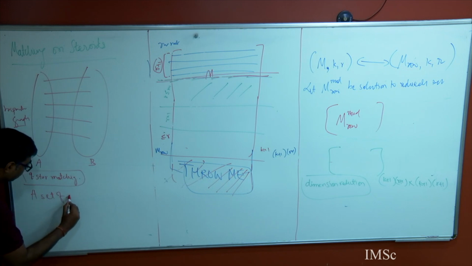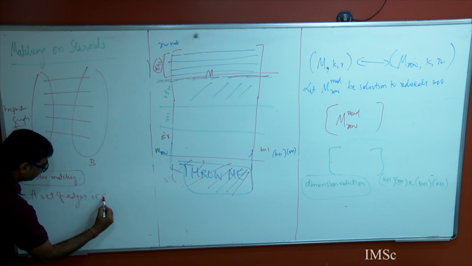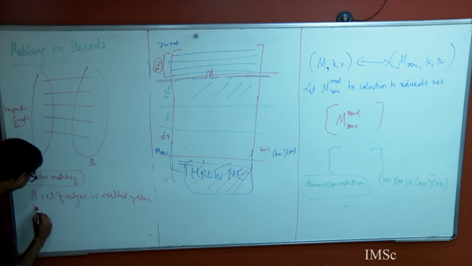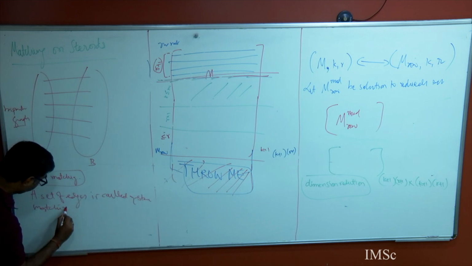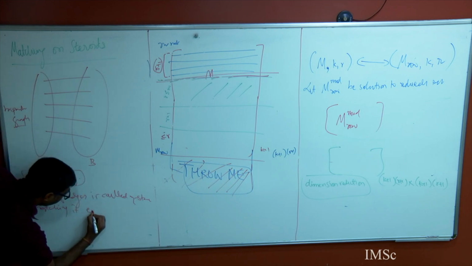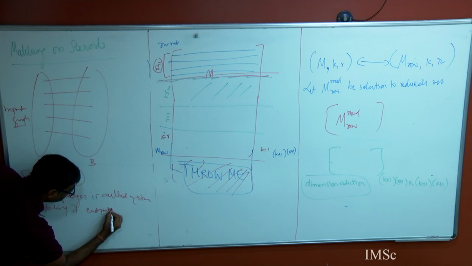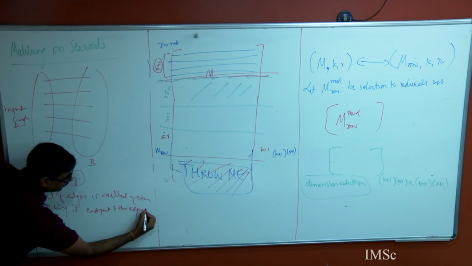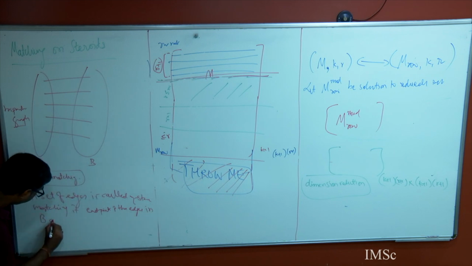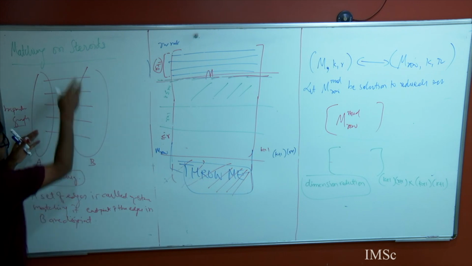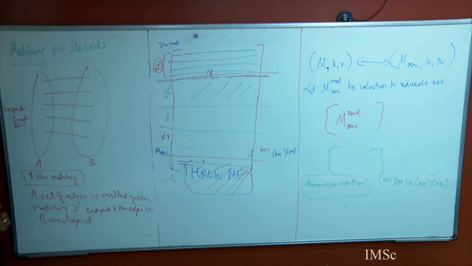A set of edges is called a Q star matching if the endpoints of these edges in B are disjoint.